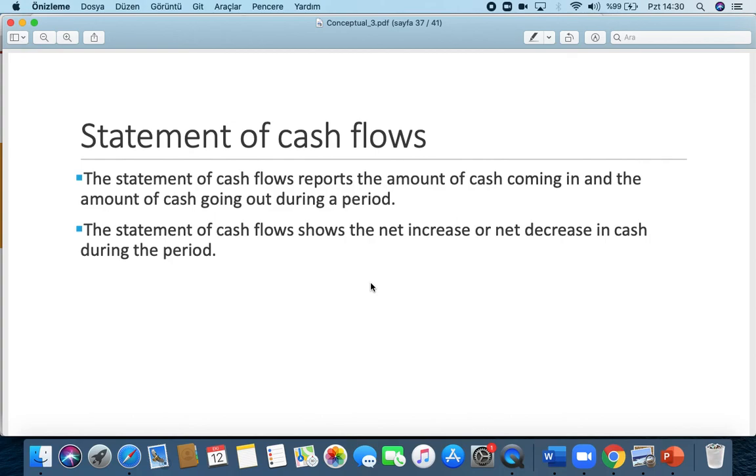For example, the profit is an accrual term. It's not about cash flows. It does not have to be, at least. So cash flow statement will focus on the cash flows only. It's not going to be related to unearned revenues or etc.